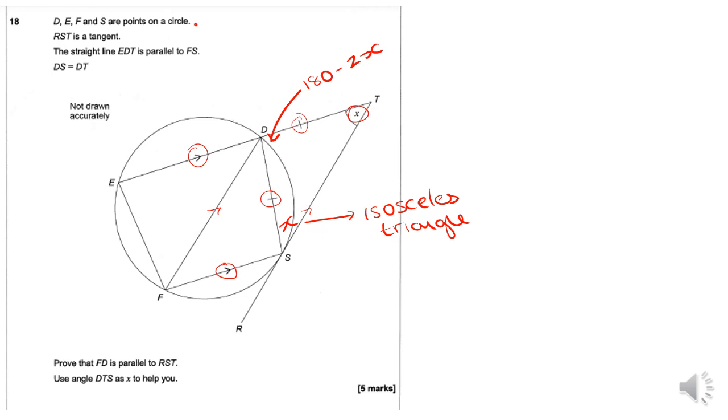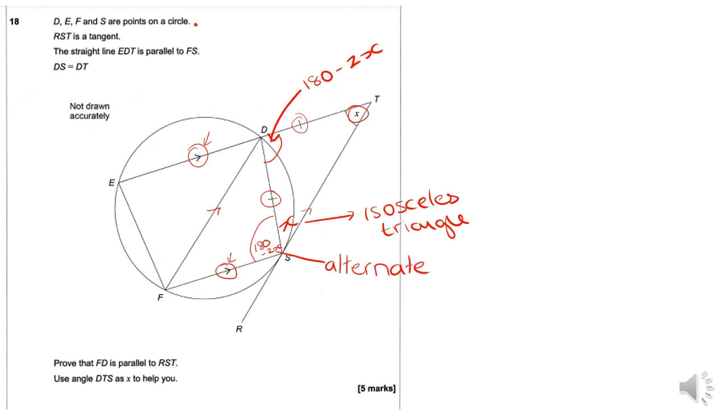If that's 180 take away 2x, because of these lines being parallel, that means that this is also 180 take 2x, and that's because they are alternate angles in parallel lines, because that one and that one up there are alternate angles, so they're equal.